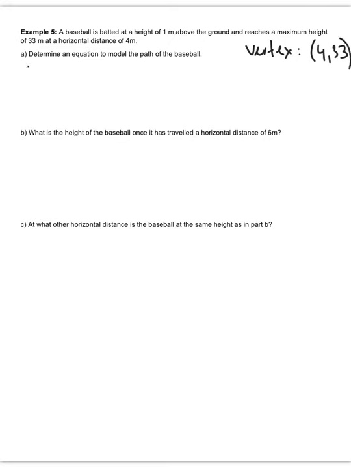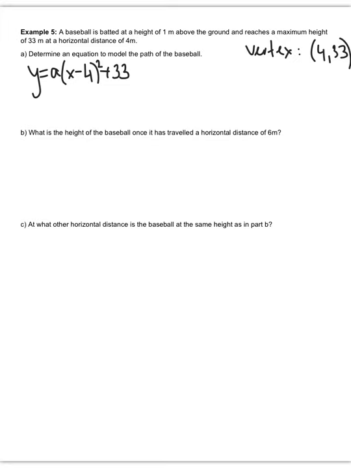We're going to use our vertex form equation to find the equation of the model for this path. So we have x minus h, which in this case is minus 4, squared, plus 33.